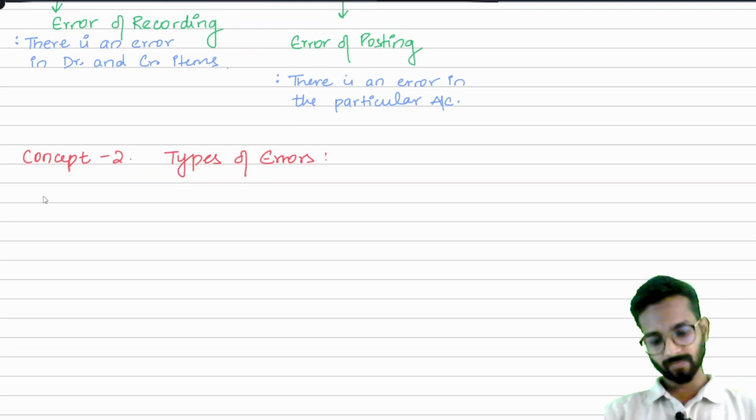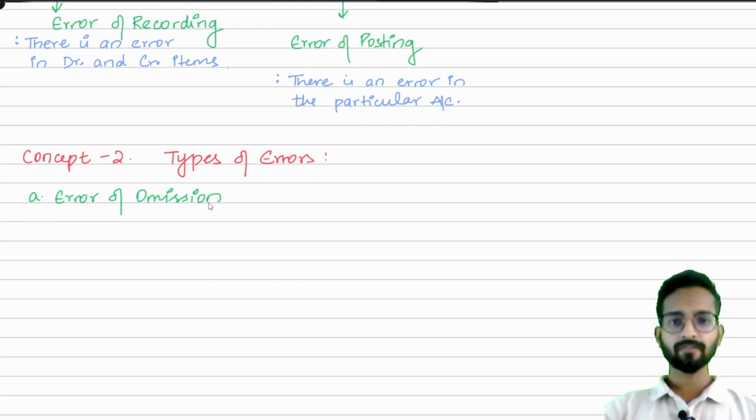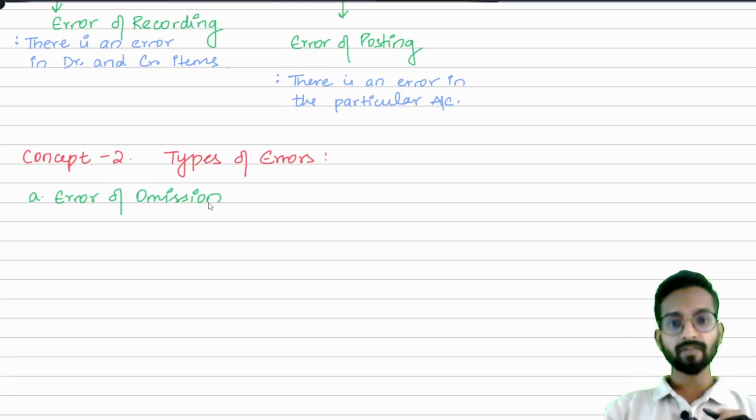Okay, see, there can be error of omission. Sir, what does error of omission mean? See, if I have told you that we have sold goods to Sham for say 10,000 rupees, error of omission means we have not passed any journal entry at all. Understood?